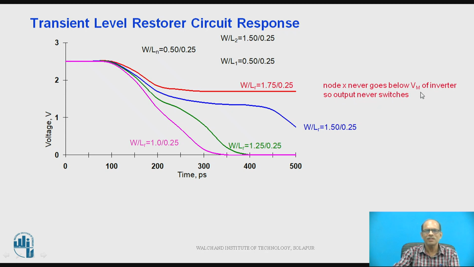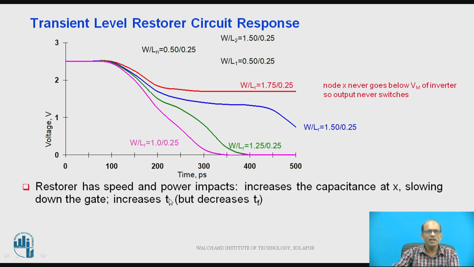That Vm is the threshold voltage of that inverter, and therefore the output never switches. So this is the desired behavior. You have to design the sizing of that MR properly so that the required performance is achieved, and that is elaborated in this slide.